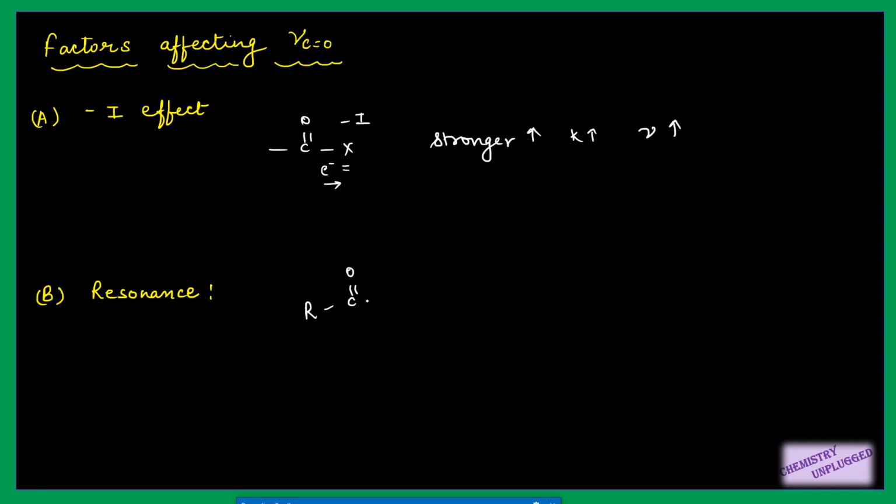Suppose I am taking the example of amide here, and in amide I have nitrogen which will provide electrons to this bond, and this bond will shift, meaning it is showing some kind of resonance in this molecule. Due to this resonance, this C=O double bond is becoming slightly single bond in character, more sigma in character, right?